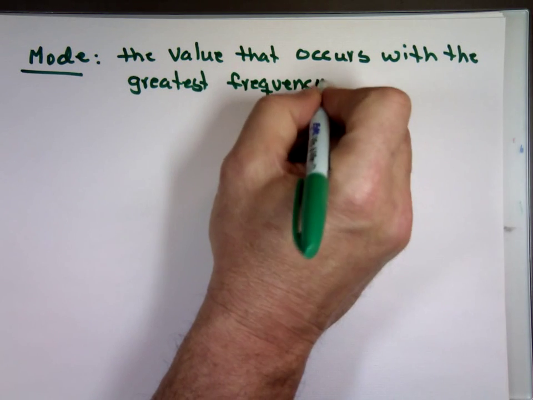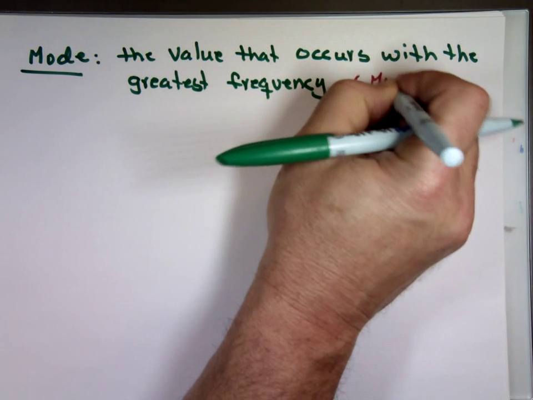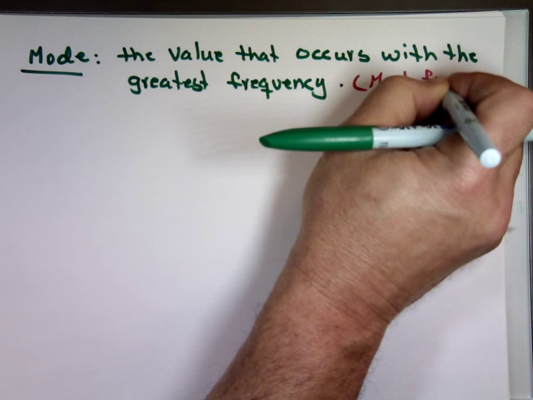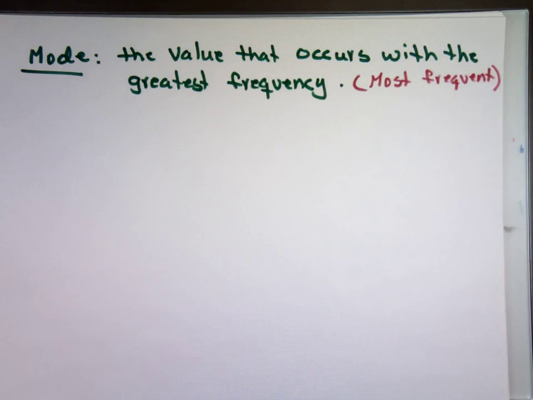Translation: most frequent. The value or values that you will see most often. Again, you could have more than one value. You could have no values, no mode.